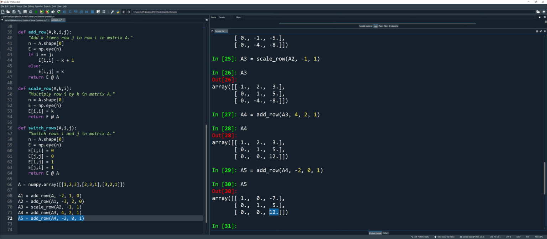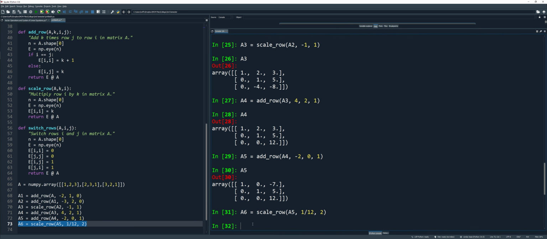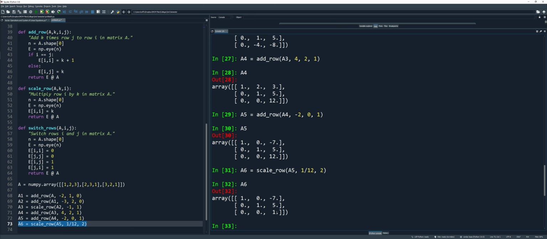So next, we will try to change this one to positive 1. So I will create a new object, A6, and I will use the scale row function. Input A5, and for the k, I will multiply this one by 1 over 12. And for my I, it's row 2. So run the code, check. So it's already 1.